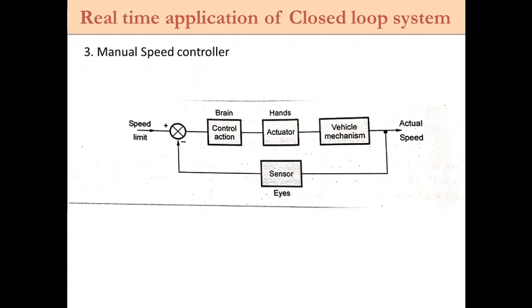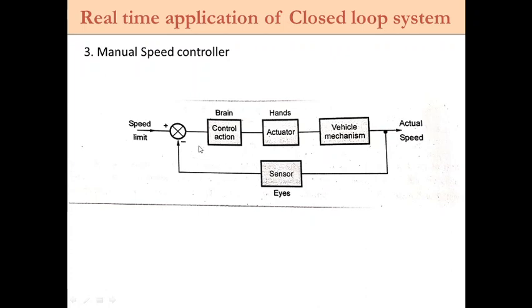Okay, then moving further, the third one is a manual speed controller. So here, take an example of a locomotive operator driving a train. The main objective is to maintain the speed equal to the speed limit set. The entire system for this kind of speed controller can be represented by this block diagram here.